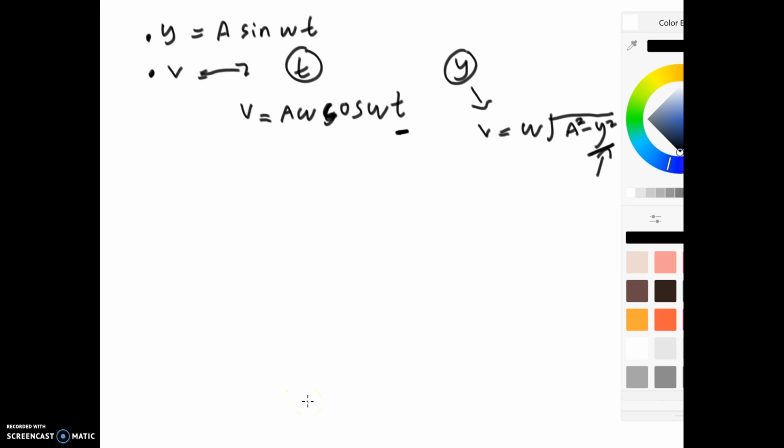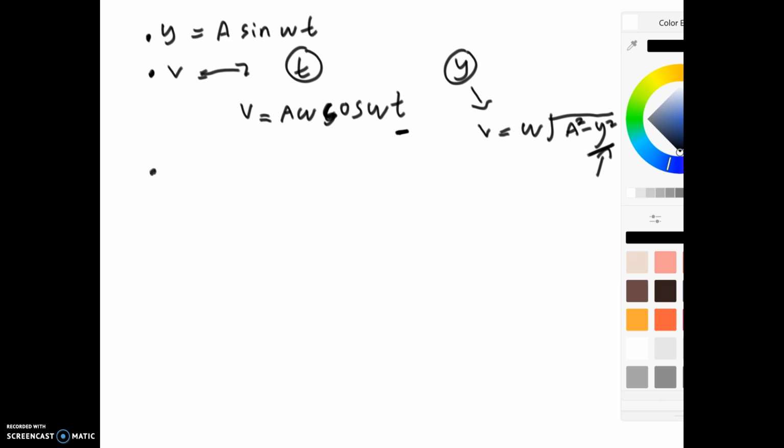If the question asks you to find velocity, it will give you either the value of t or the value of y, and after that you can calculate v.